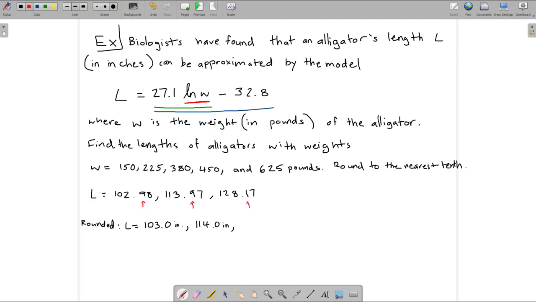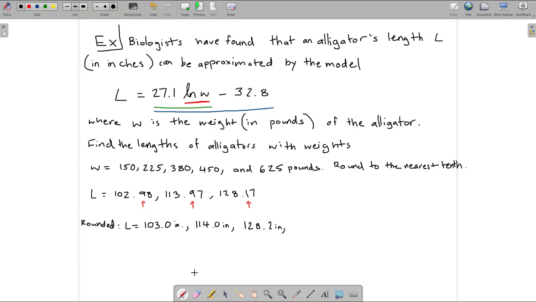Again, we'll be rounding to the nearest tenth, so we look at the first number after the decimal, and it's a 1. Looking at the next digit over, it's a 7, greater than 5, so that means I'm rounding up, right? So I'm going to end up with 128.2 inches here.